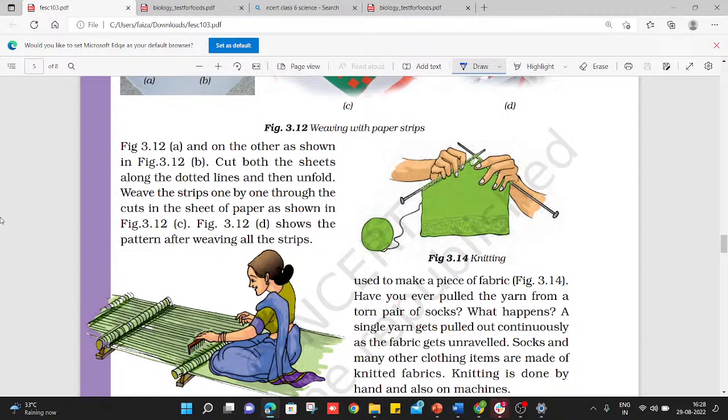We can purchase clothes easily, but still we choose to wear clothes like that. Why is it? Because wearing knitted clothes feels really, I would say, amazing, different. So knitting is different.